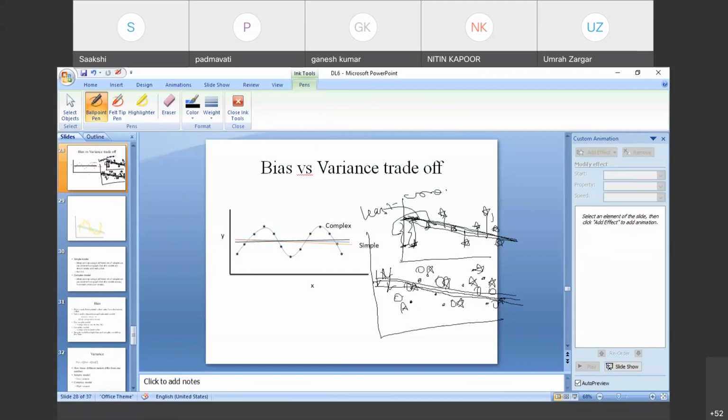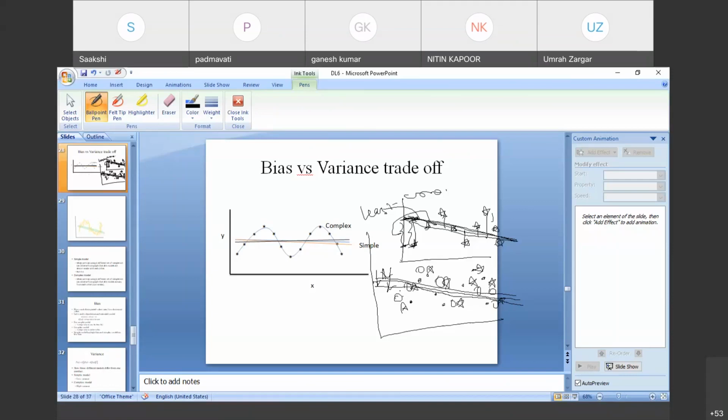Same over here: one is red, the other one is blue, and the third one is green. Even so, the predictions that my models have generated are not far away from each other. They are closer to each other, correct?